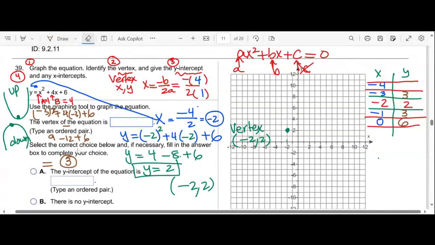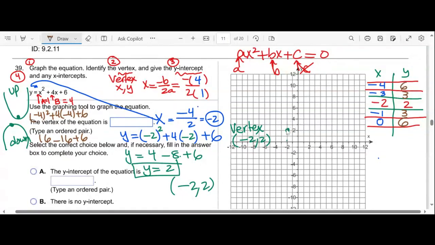Now we'll go for negative 4. So it's going to be negative 4 squared plus 4 times negative 4 plus 6. So that gives you 16 minus 16 plus 6. So the answer here is 6.